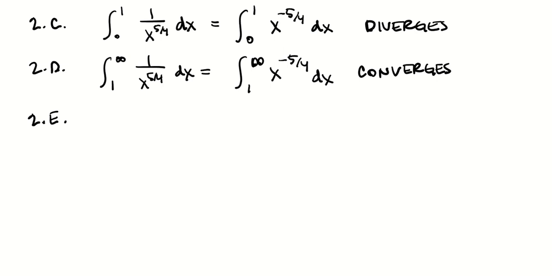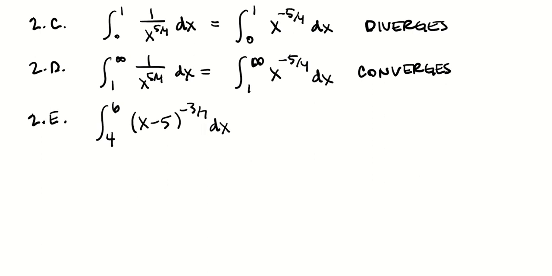Okay, 2e is going to be the integral from 4 to 6 of x minus 5 to the negative 3/7 power. Okay. The issue is the 5, which is in the interior of the interval.